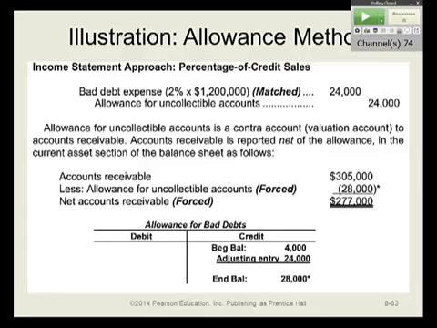You essentially will force this based on the balance that exists there already. So again, if there was no balance there, then the adjustment would result in a balance of $24,000. If there was a $10,000 balance in there, the amount of the adjustment would be $14,000. So by using the percentage of sales, your target is the expense, and you're not as concerned with the corresponding balance in the allowance for bad debts.